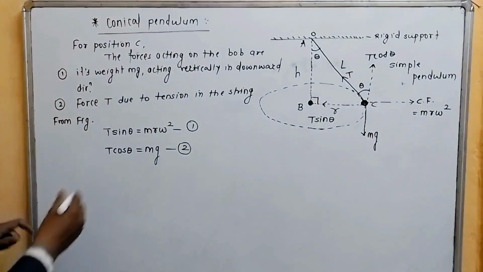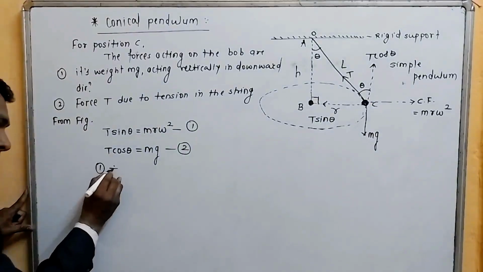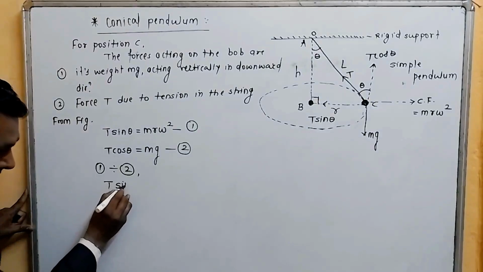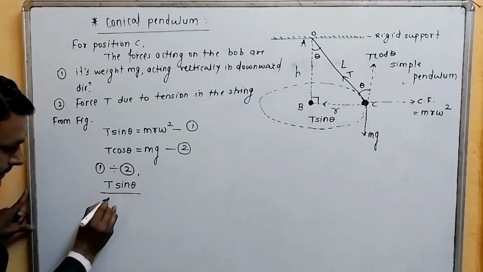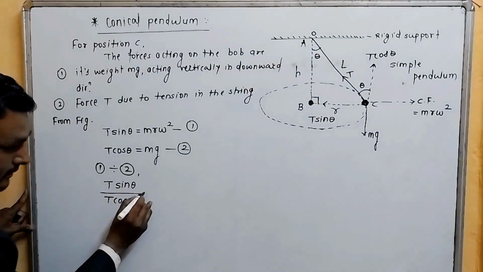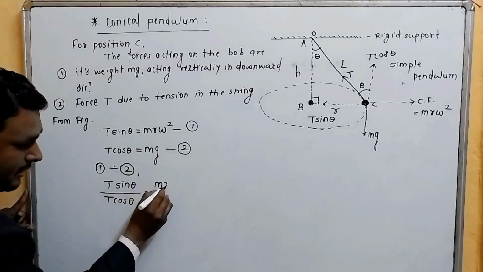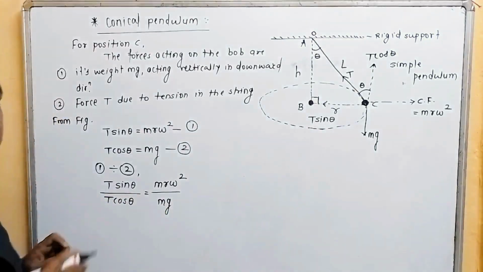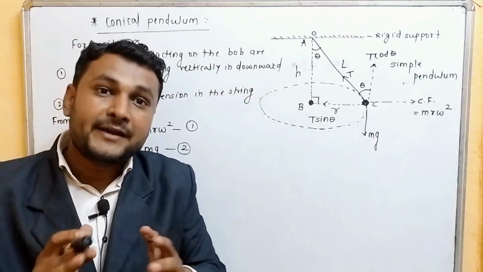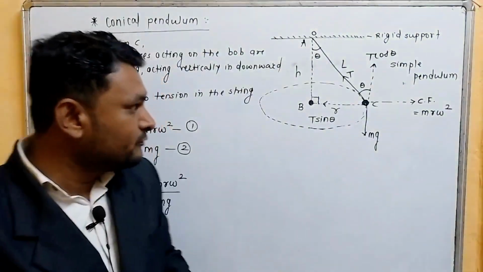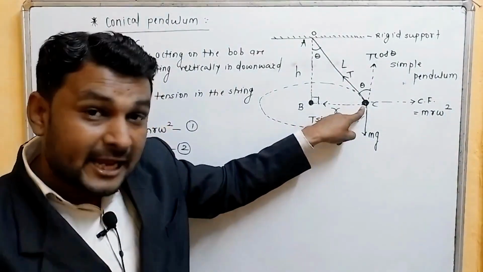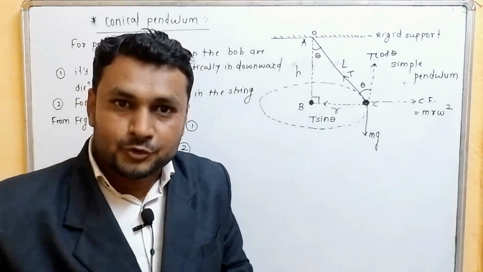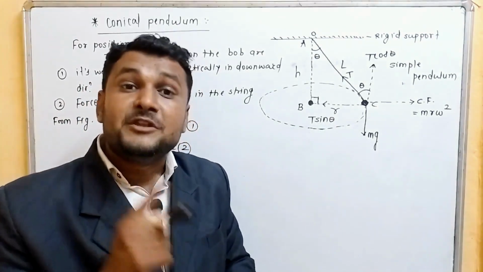Okay. So divide equation 1 by equation 2. What will we get here? T sin theta divided by T cos theta is equal to m r omega square divided by m g. See here, we have to find out the time period of this bob to perform the circular motion, or we can say to perform one revolution.